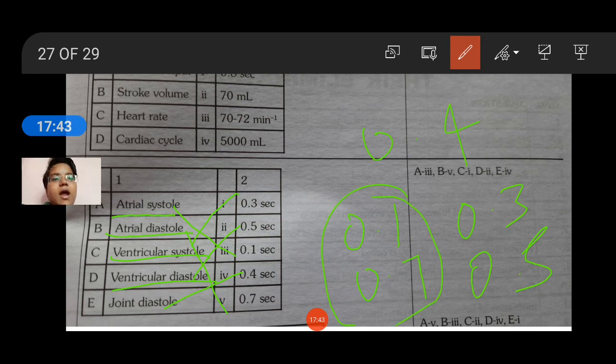This is for the atria, this is for the ventricle, and this is the joint one.